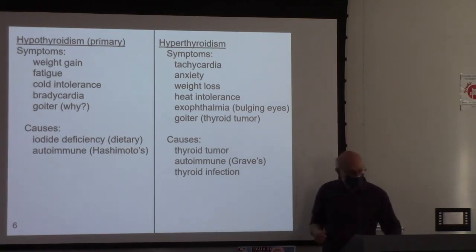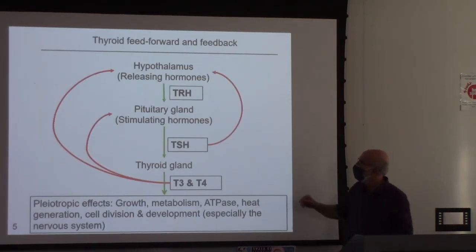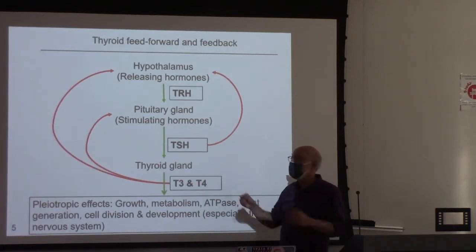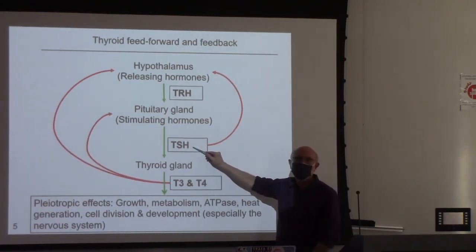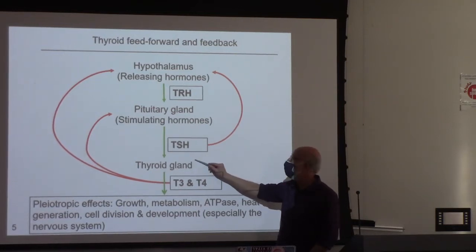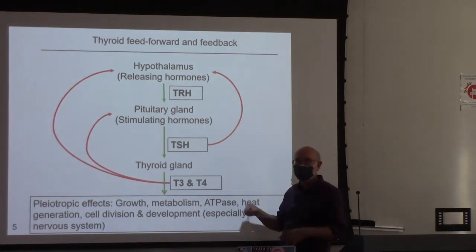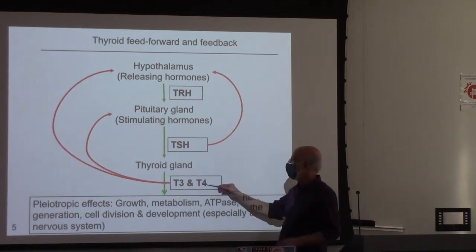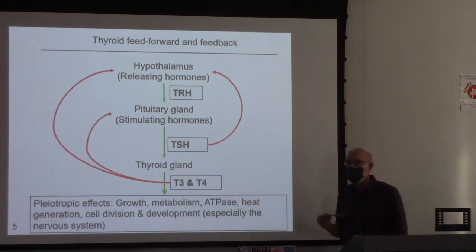Antibody stimulation of TSH, so if we have antibodies that stimulate the thyroid gland, they're mimicking TSH. It's not TSH, but they're antibodies that mimic TSH. Then you get excess stimulation of the thyroid and goiter and T3 and T4 hyperproduction.